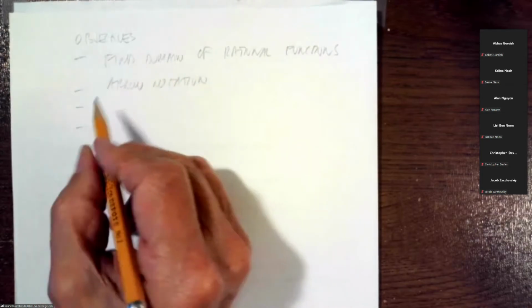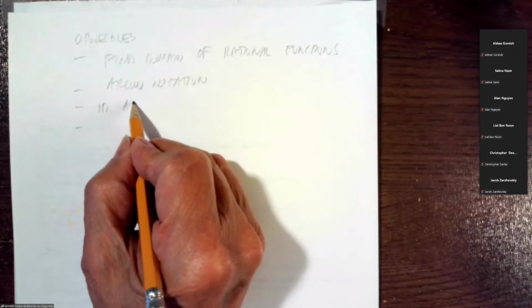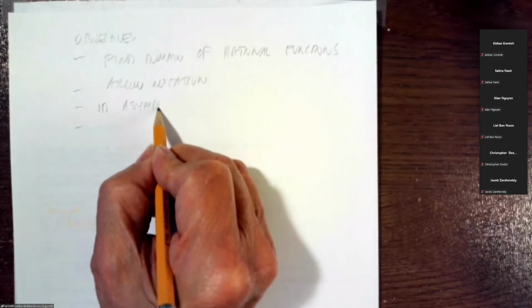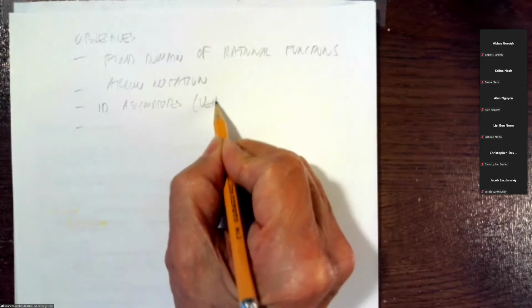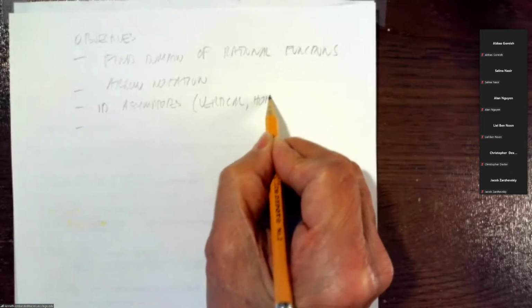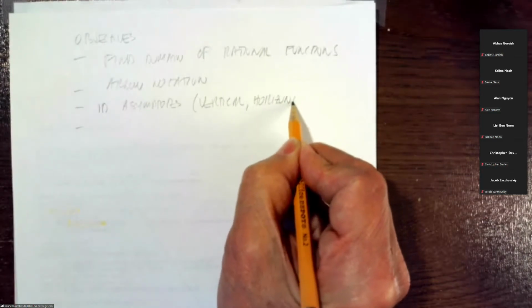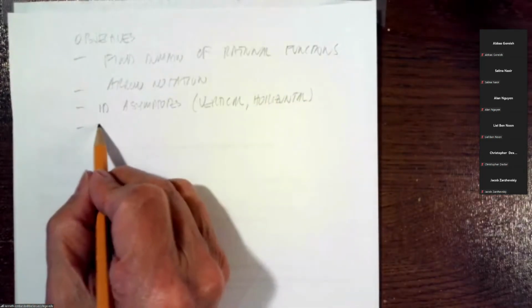And we're going to identify asymptotes, both vertical and horizontal. And we're going to do some transformations.